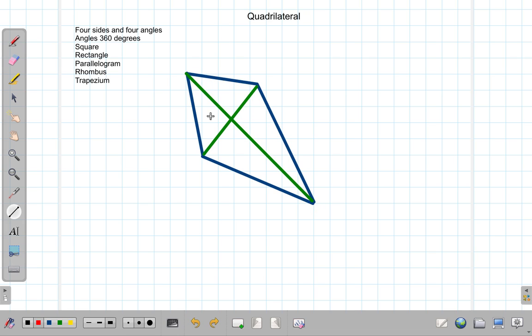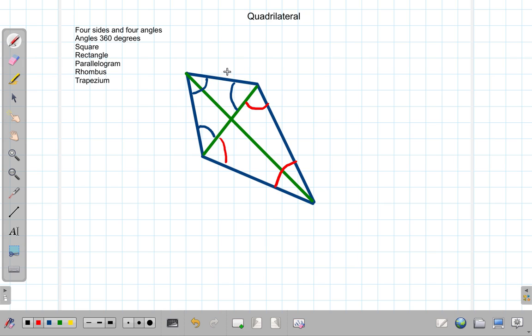Now, if you consider over here as a triangle, and I have my angles, this angle, this angle, and this angle. These are 3 angles of a triangle, and all 3 of them add to 180, right? Then I have over here this angle, and this angle to my other triangle.